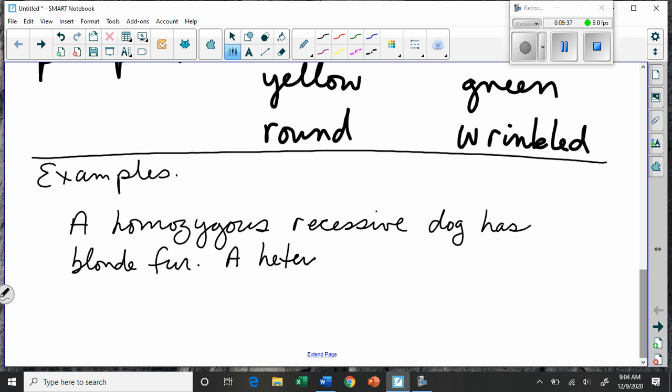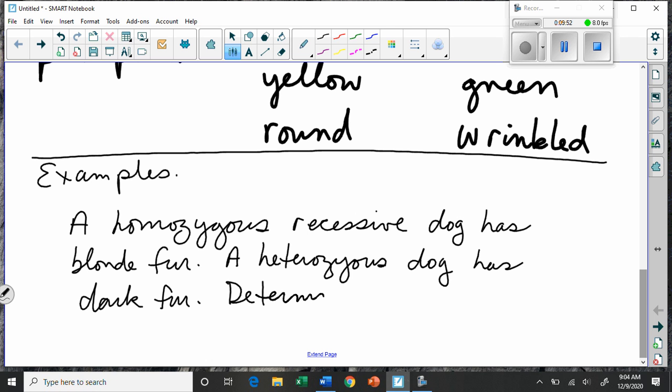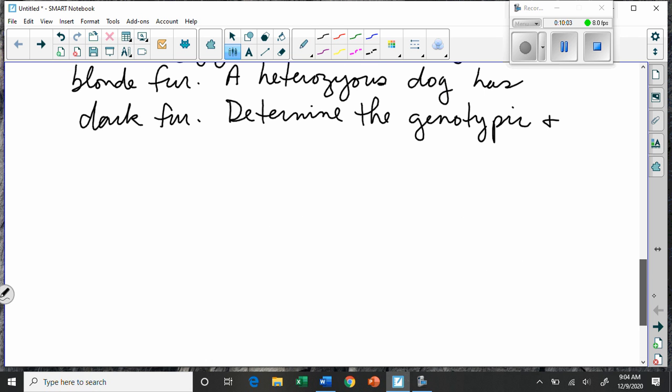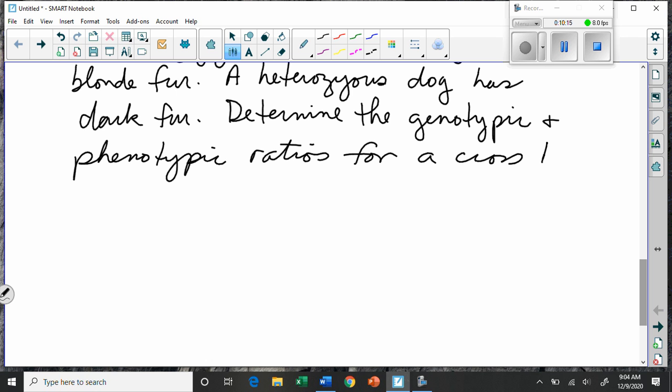A heterozygous dog has dark fur. Determine the genotypic and phenotypic ratios for a cross between these dogs. They were to mate.